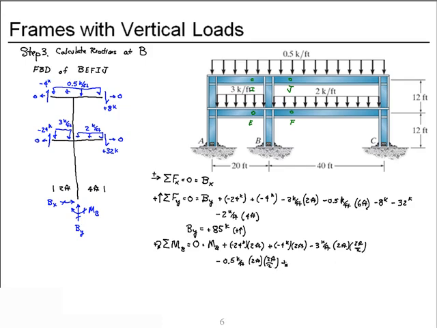Then on the right side of the column, we add the effect of the distributed load, 0.5 kips per foot, acting over 4 feet at a position 4 feet over 2. We also add in the effect of the 2 kip per foot distributed load, acting over 4 feet, acting at a position of 4 feet over 2.